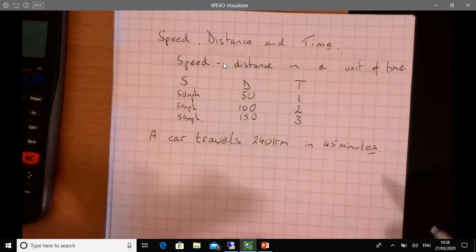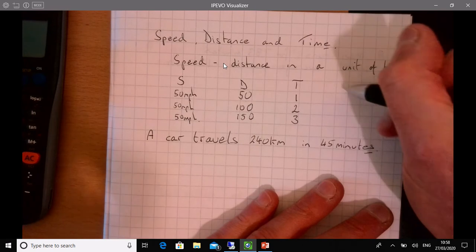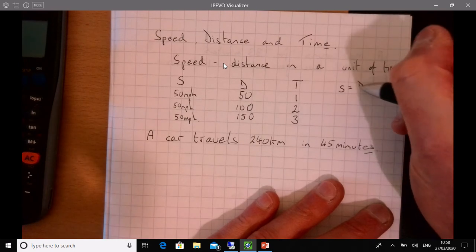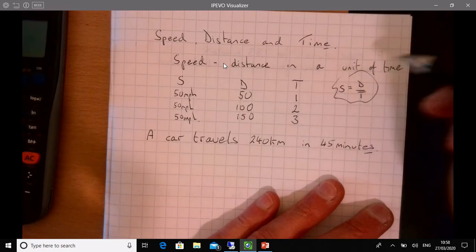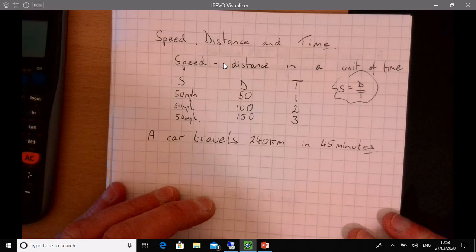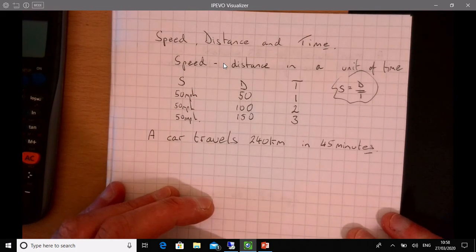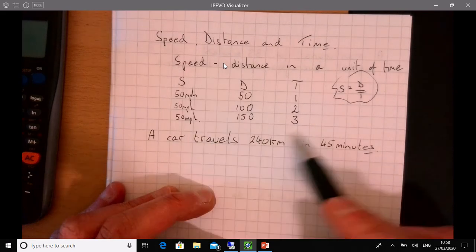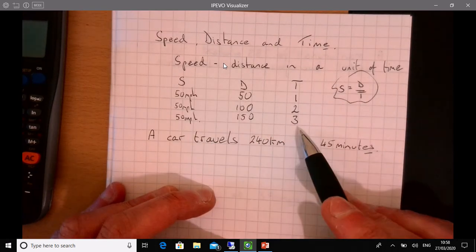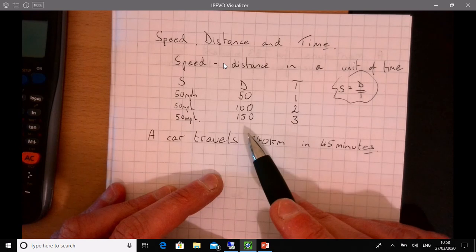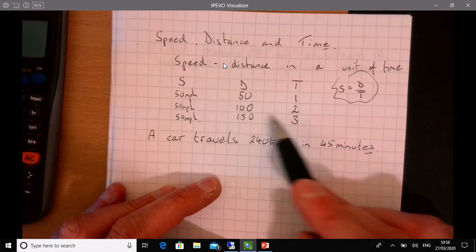So some people like to be able to say this. Okay, all right then, that's fine. If you remember, speed equals distance over time. All right, well that's great. I don't like it because people misremember. And if you just think about what this means, if you're not sure, you can easily think, right, let's look at the second line, for example.